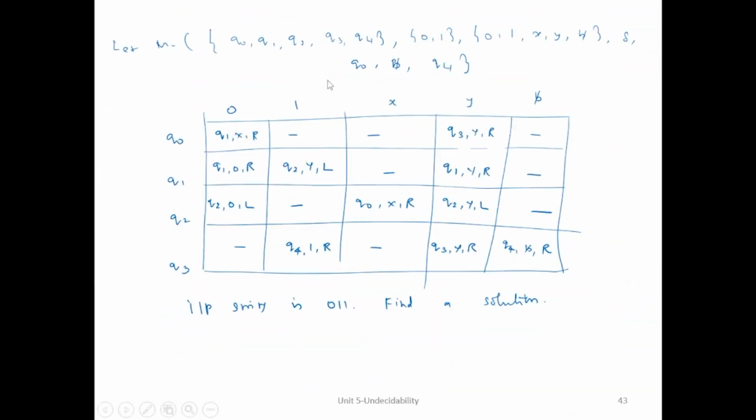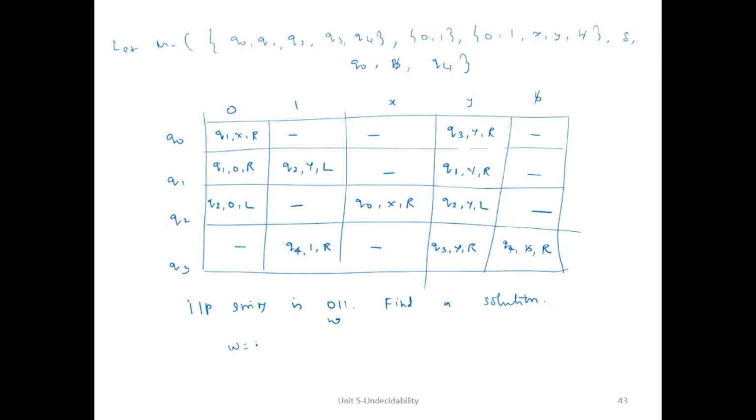So let us consider the second problem. Here 5 states are there, Q0 to Q4. The starting state is Q0, the final state is Q4, and the tape symbols are 0, 1, X, Y, blank space. By using the previous solution, you try to find a solution for the string W as 011.